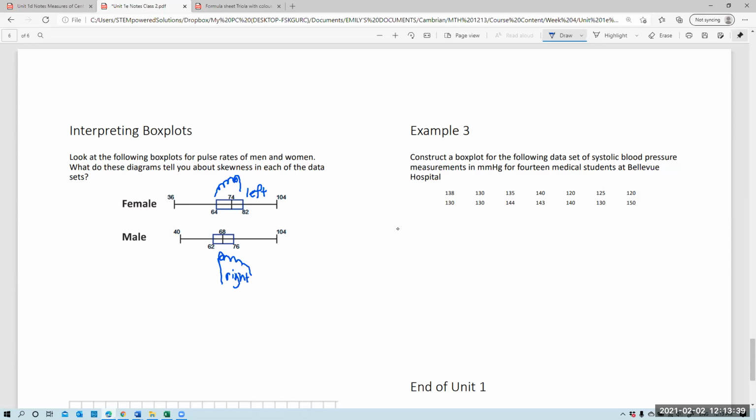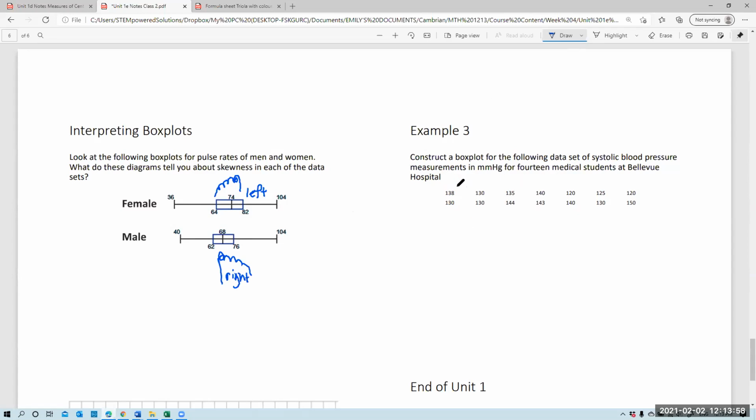If the box goes over to the left, then that means it's right skewed. If the box goes over to the right, then that means it's left skewed. I know it's almost counterintuitive, but that's the way that the skewness works. And it's kind of hard to explain that one.